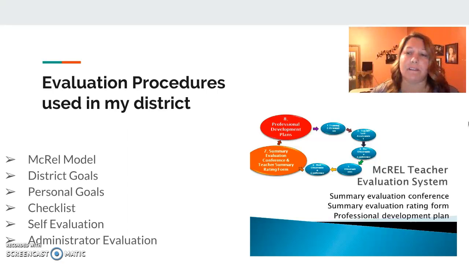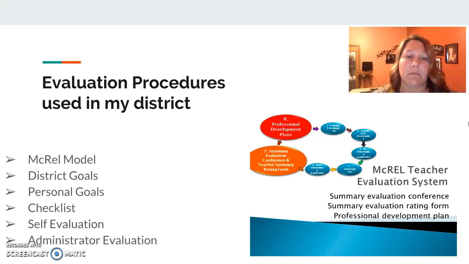As you go through the McCrell system, once you choose your goals, then you do a checklist of skills. You do a self-evaluation, checking off the skills that you feel you are proficient at. You also can check categories such as advancing or needs improvement, so there are three different categories that you check off with each personal skill listed in the McCrell system.